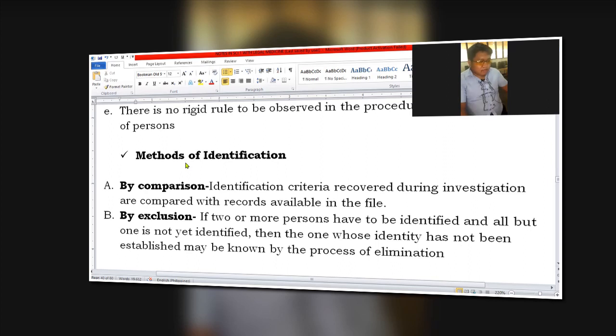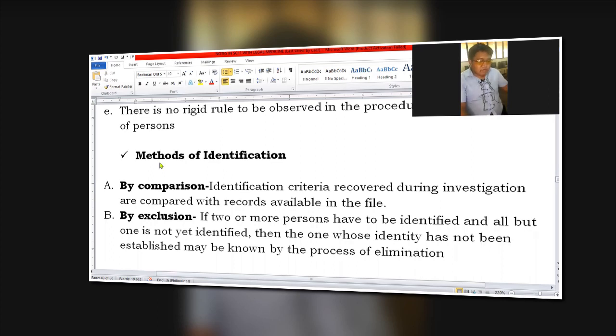Identification is also a tool when we intend to accomplish the threefold aims of criminal investigation. So these methods are very important, especially these methods that I am discussing, which are medico-legal in nature. There is the application of medical knowledge in this method of identification.